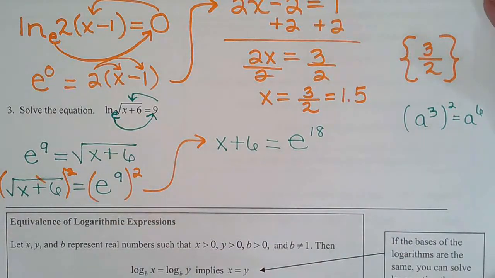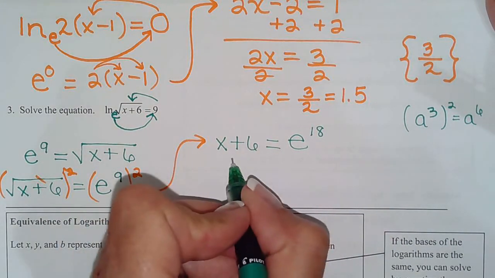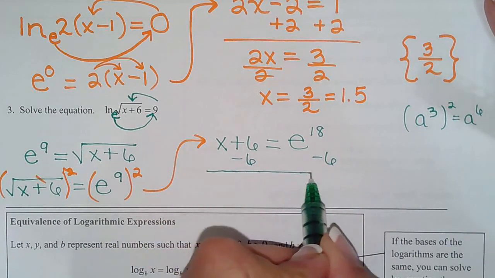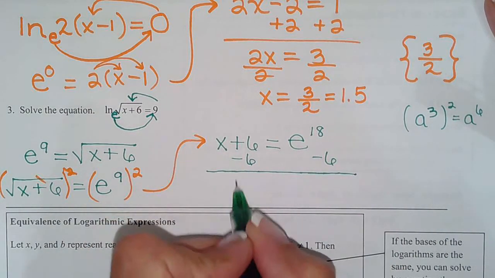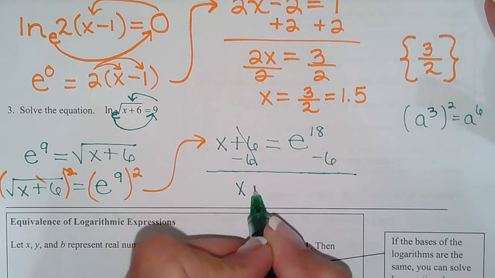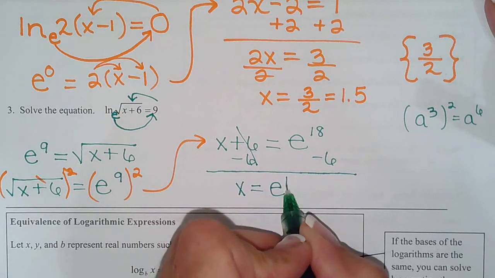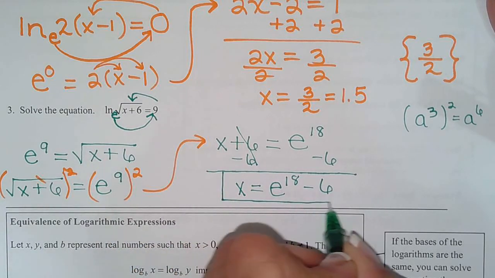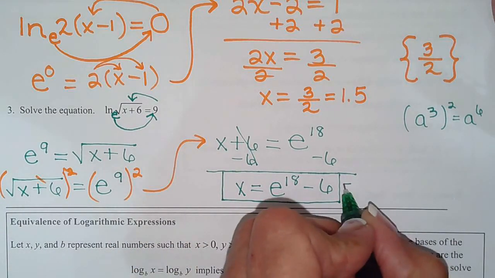Again, remember I'm solving for X, so to solve for X, you have to keep your eye on the prize. You're trying to get X alone. So I get X equals e to the 18th minus 6. And we call this an exact answer.